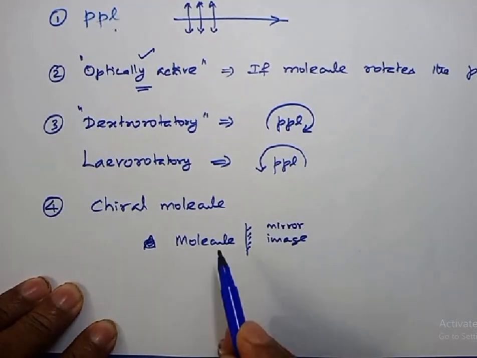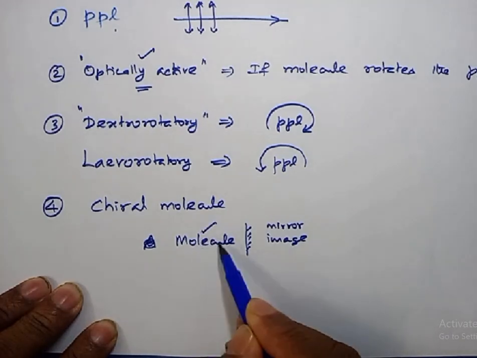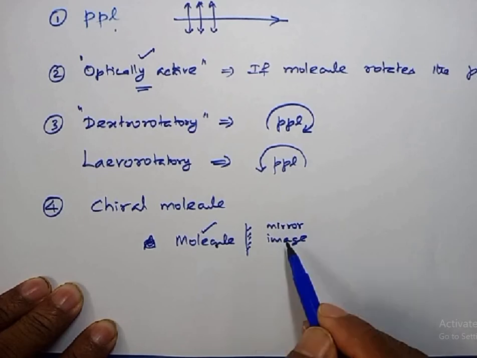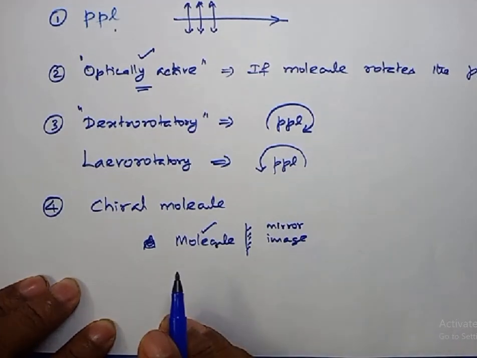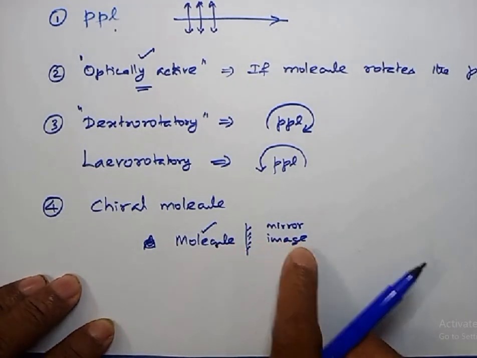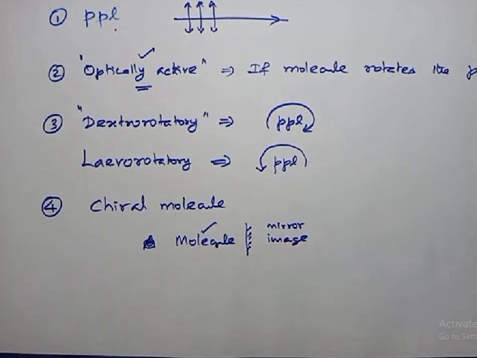Then check whether the original structure of the molecule is superimposable or non-superimposable on the mirror image. If the molecule structure and its mirror image structure are non-superimposable, then we call the molecule a chiral molecule.